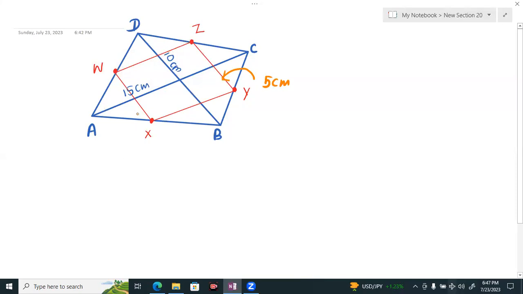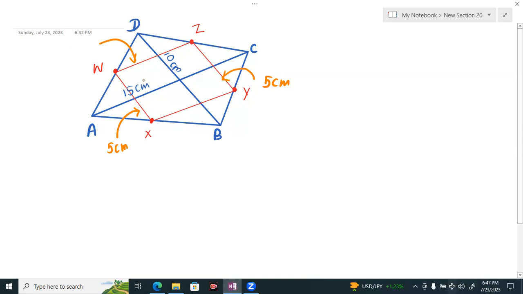And also you can identify that WX is also the straight line segment which joins the two midpoints of the triangle ADB. Then it is half of the straight line DB. Therefore, it is also 5 centimeters. In the other way, WZ is the straight line segment which joins the midpoints of two sides of triangle ADC.